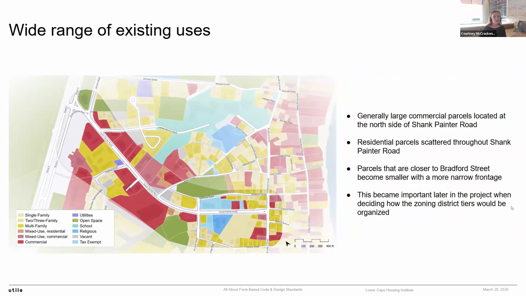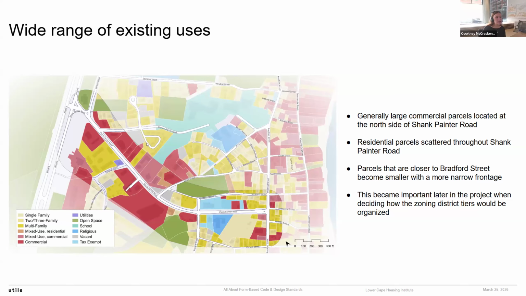So getting into a lot of the GIS data that we started to look at, which was some of the first analysis that we did, that ended up shaping where we went with the project. We started with looking at the range of existing uses, and possibly one of the most important things that we noticed from looking just at our study area was the fact that at the north side, this is oriented a different way, but if you're looking on the left, that's where north would be.